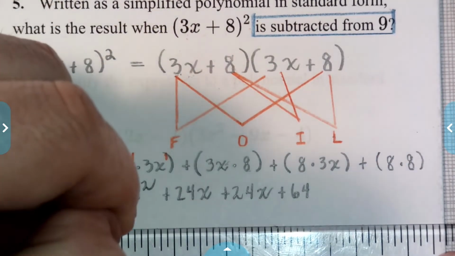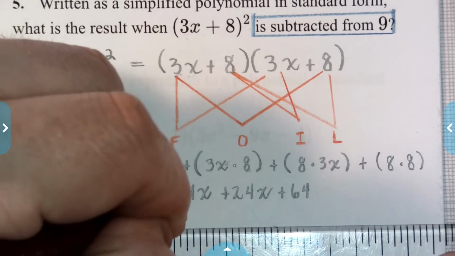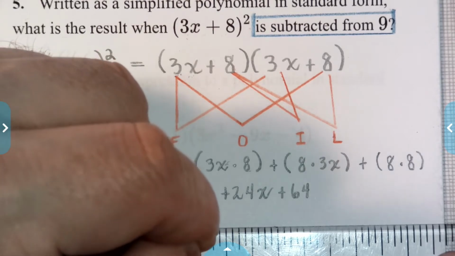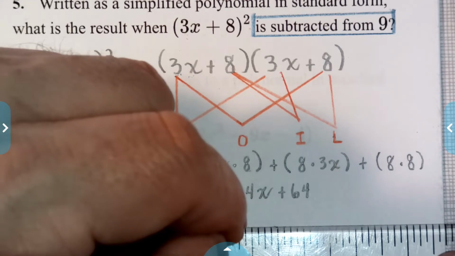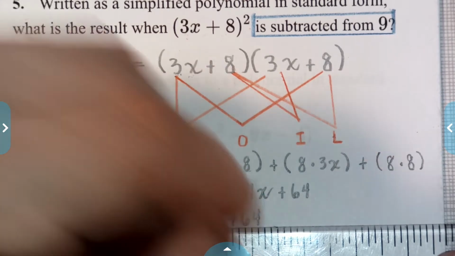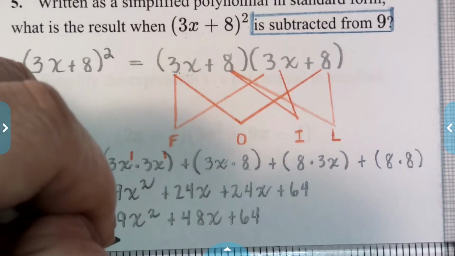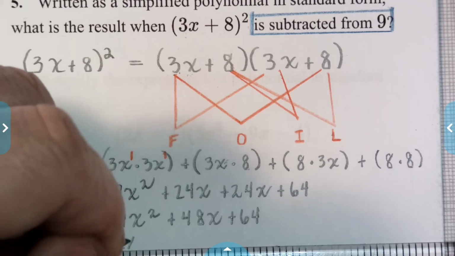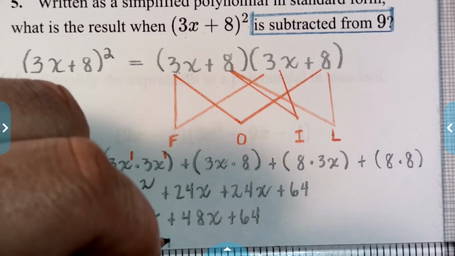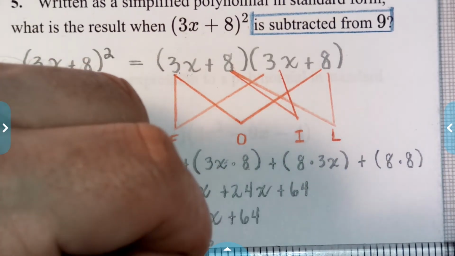So we have 9x squared plus 48x plus 64. And what we just did was we just expanded the binomial.